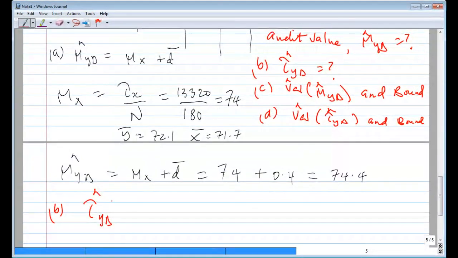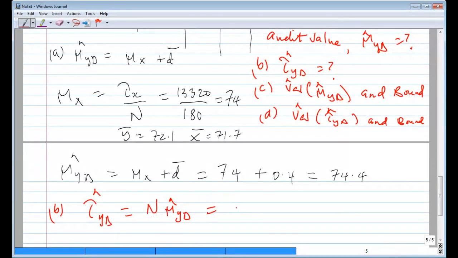Tau yd is equal to N times mu yd estimate, and this one we've already calculated up there.